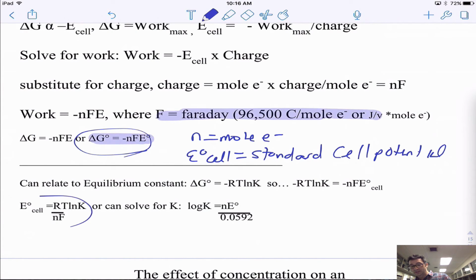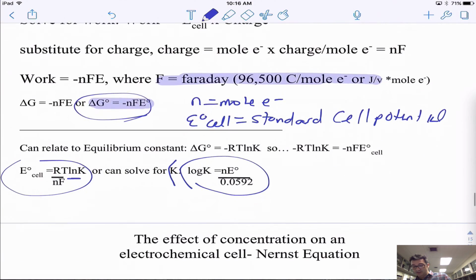With either one of these equations, if you want to do it in log base 10, you could have this, or if you want to keep it in natural log, you could have the equation on the left. So this allows you to relate the standard cell potential to the equilibrium constant.